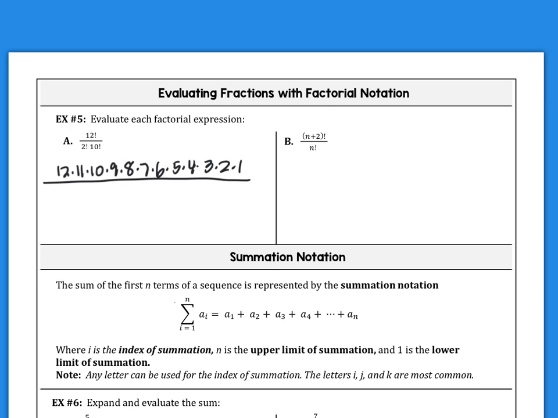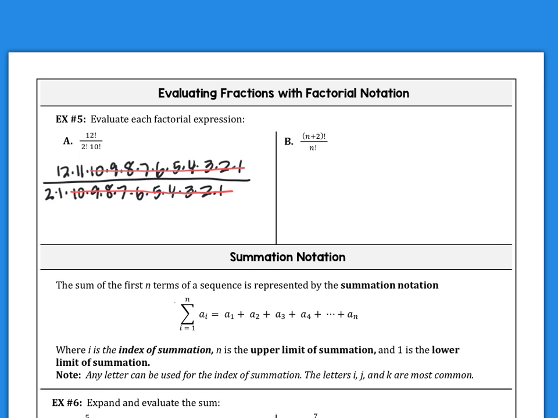Okay, don't reach for your calculator just yet. On the bottom, I have 2 times 1, and then I have 10 times 9 times 8 times 7 times 6 times 5 times 4 times 3 times 2 times 1. All right, so I'm wanting you to notice that all of these will cancel with all of these. So I didn't really need to even worry about that.